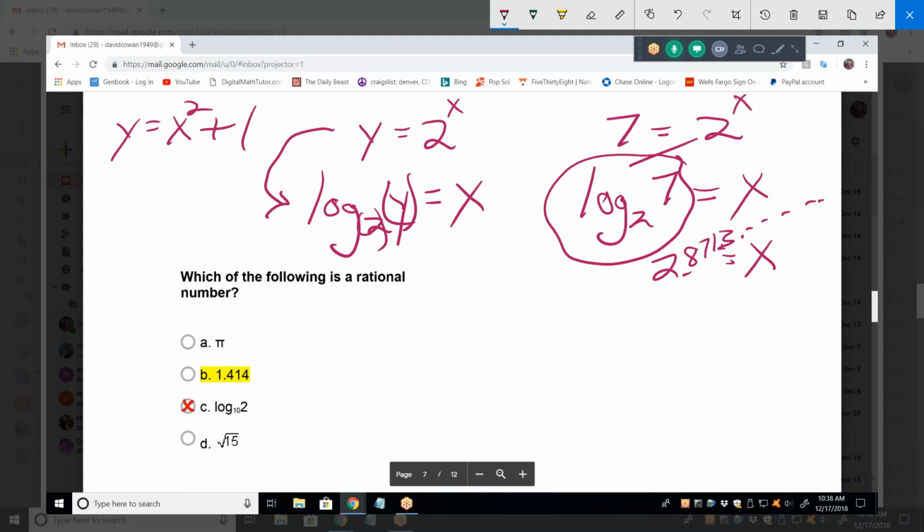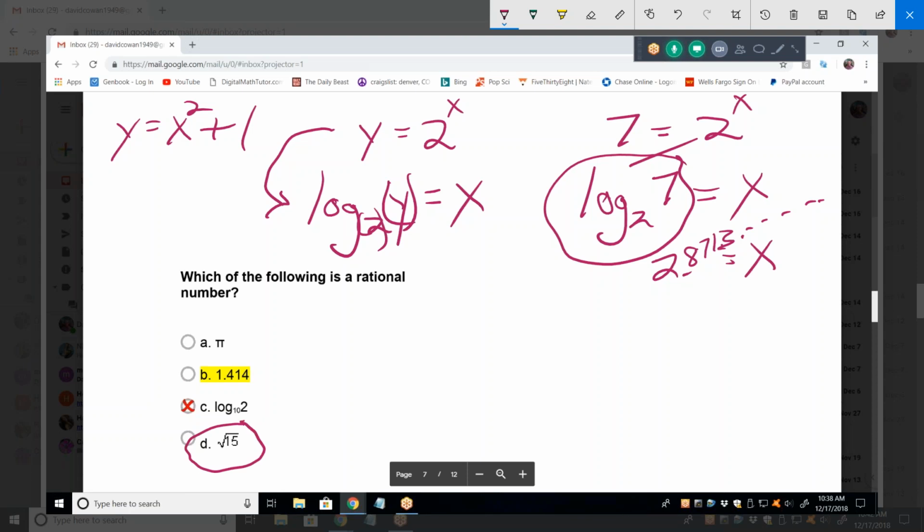In other words, when I had 8 equals 2 to the x, that could have been written as log base 2 of 8 equals x, and the x would have been 3, a rational number. So you occasionally do produce rational numbers from logs, just like you occasionally produce rational numbers from square roots.